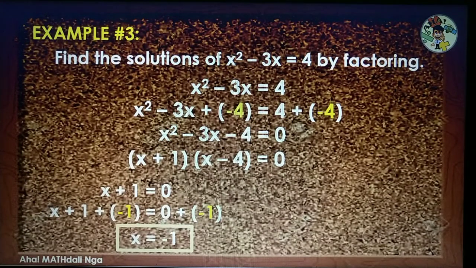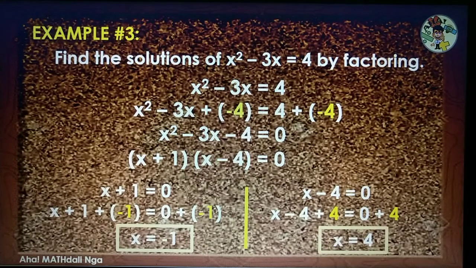Let's find the other value of x. We will use x minus 4 to equate it to 0. We will add positive 4 to both sides of the equation to eliminate negative 4 in the left side of the equation. Let's simplify. So we have x is equal to positive 4.